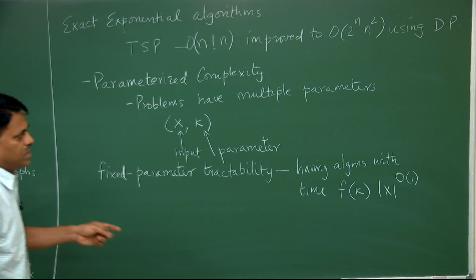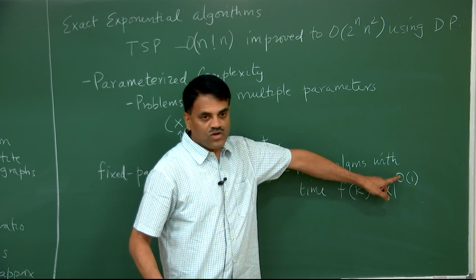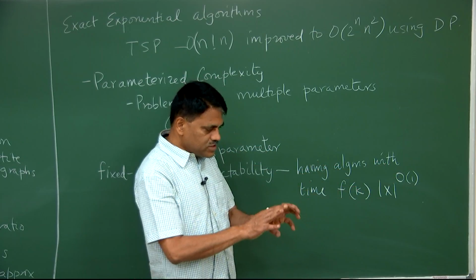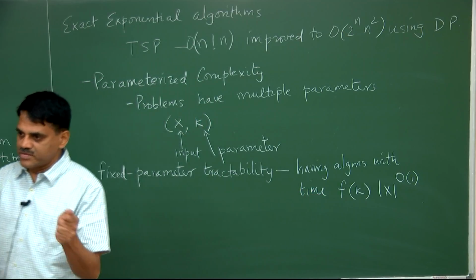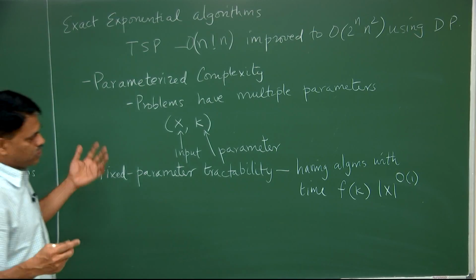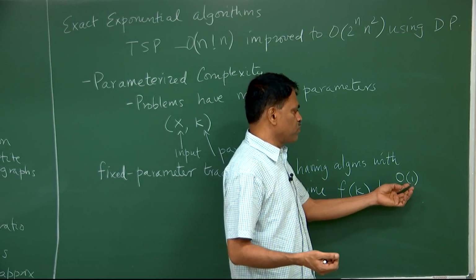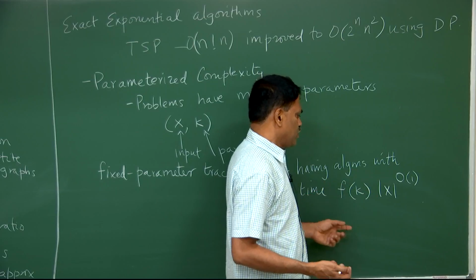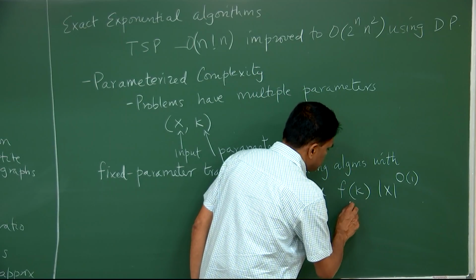So, this exponent is a fixed constant, it does not depend on k. So, I am just splitting the algorithm's running time into two parts, one that depends on the parameter and one that depends only on the input size. On the input size, which can be very large, it is a pure polynomial, but on the parameter it is some function, typically exponential or worse.